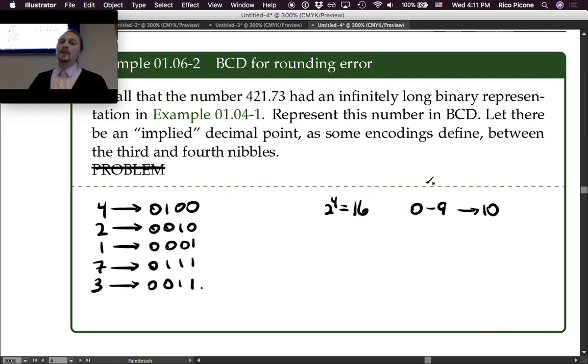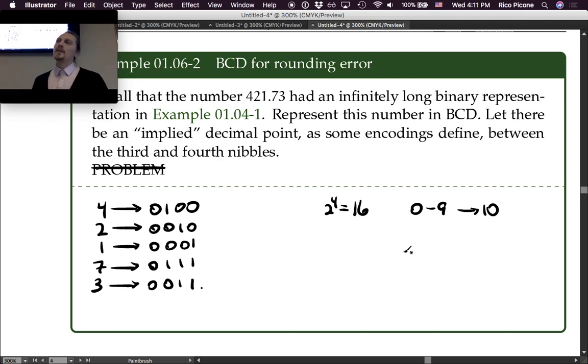So you have an extra 6. You could use one of them to be a decimal point if you wanted to. You could use them for other purposes as well, like telling you how many nibbles are to come after this, that type of thing.